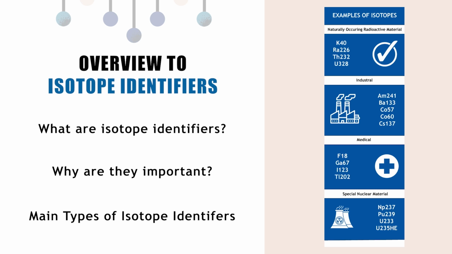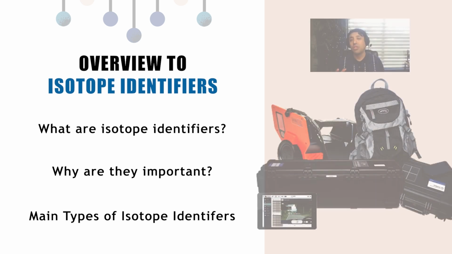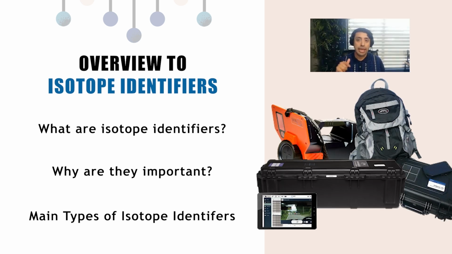So again, we're going to go over the types of isotope identifiers that are out there on the market, the types of detectors, whether you need neutron communication, all that. We should be able to provide you with the exact isotope identifier that you will need for your group. But if you do have any questions, by all means, include them in the chat. Once we're done with the presentation, we'll get those questions answered.